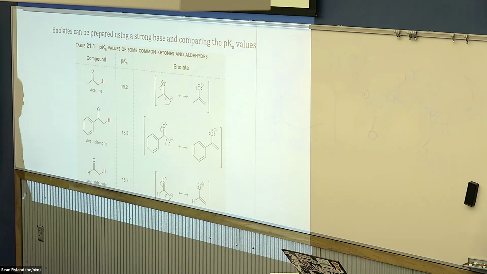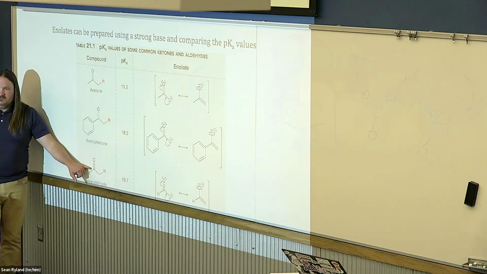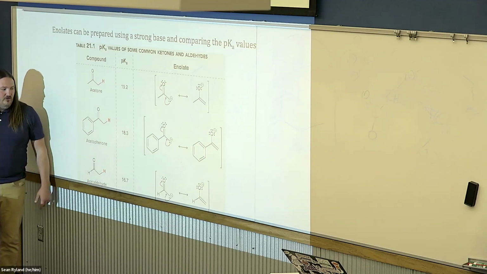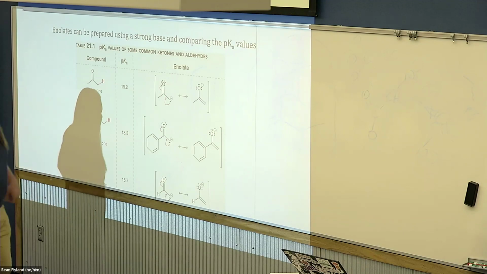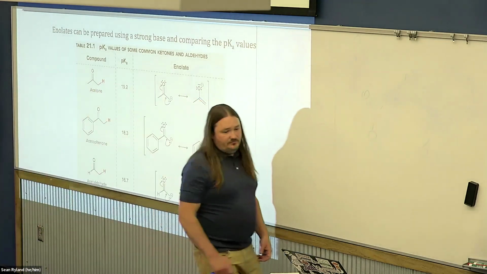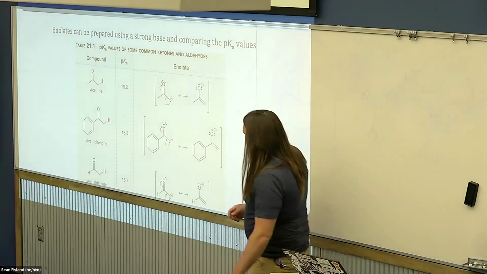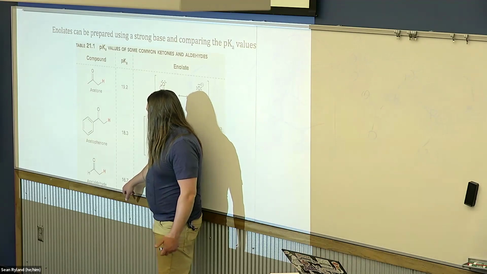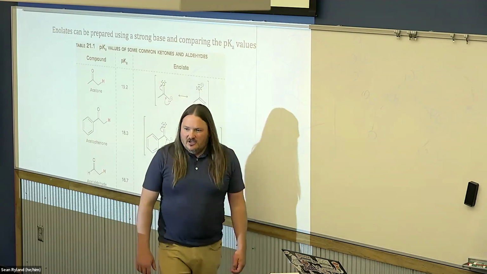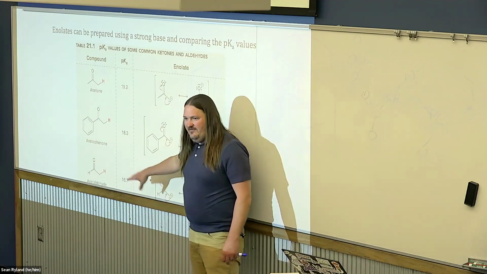And then if it's an alpha carbon of an aldehyde, we actually get it all the way down to 16.7. Wow. So aldehyde alpha carbons are actually fairly acidic, to the point where you could use hydroxide, since the pKa of hydroxide is right around 16 as well. So you could get a decent amount of product just using hydroxide if it's an aldehyde.